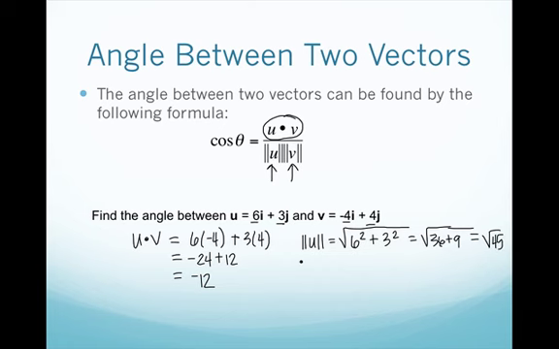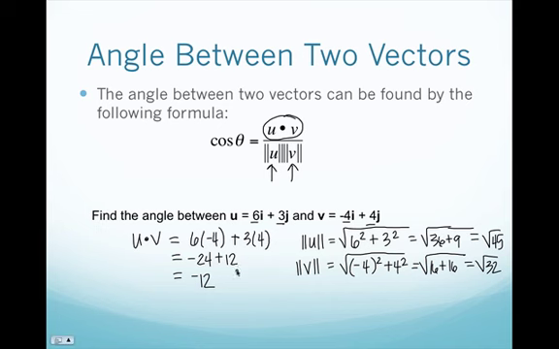That's our magnitude of u. Our magnitude of v equals the square root of negative 4 squared plus 4 squared, which equals the square root of 16 plus 16, which equals the square root of 32.